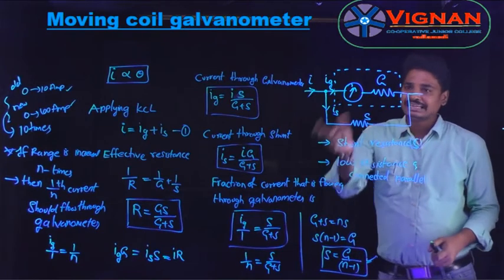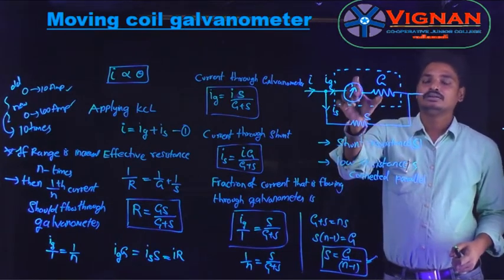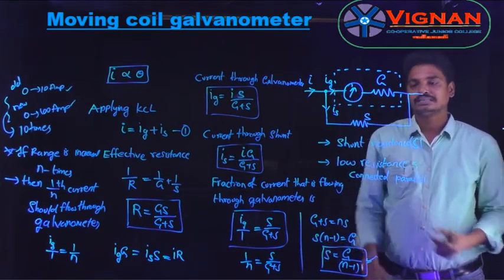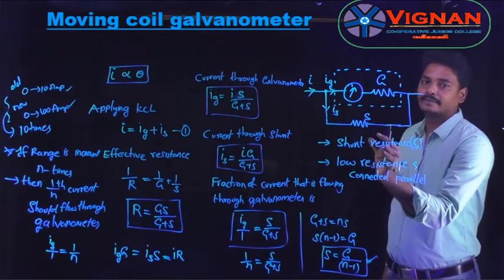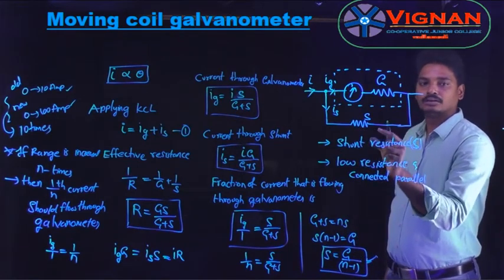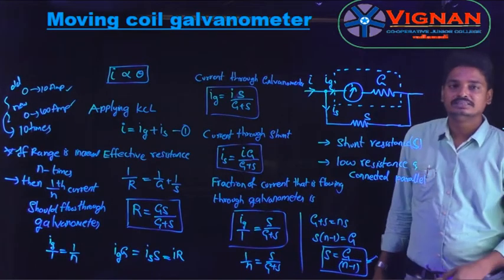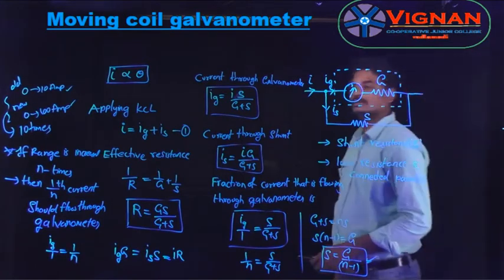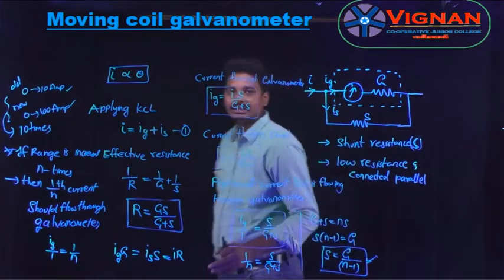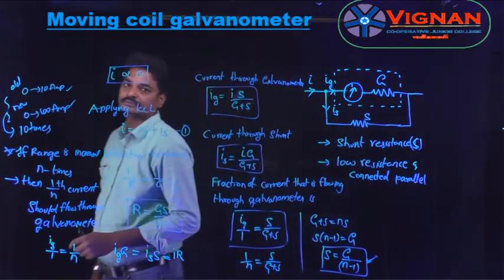So to increase the range of the galvanometer by n times, the shunt resistance to be connected in parallel to the galvanometer is given by S is equal to G by n minus 1. So by this we can increase the range of the galvanometer.